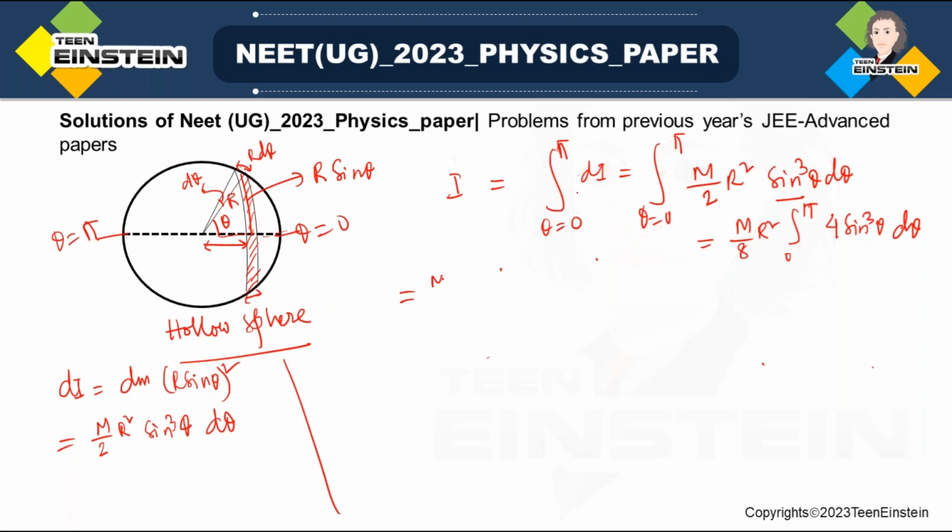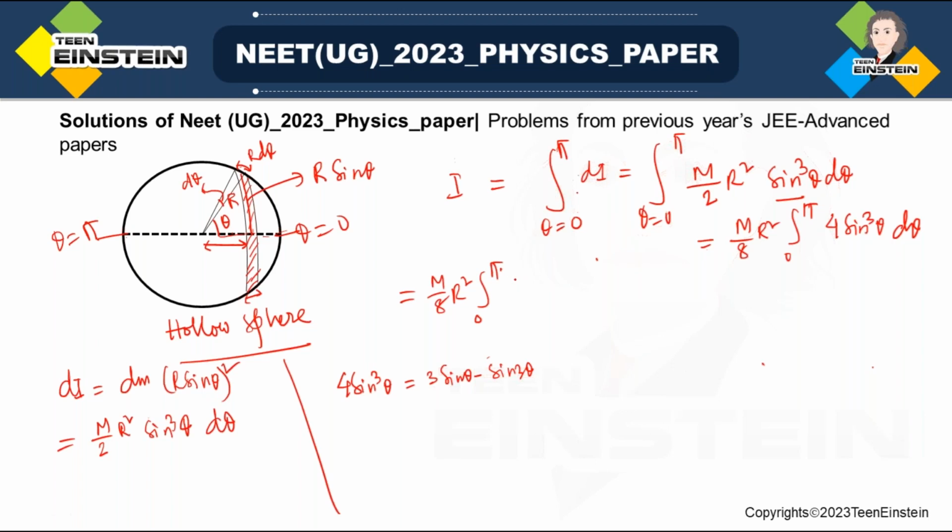So here m by 8 r square, integral 0 to pi, 4 sine cube theta means 3 sine theta minus sine 3 theta.